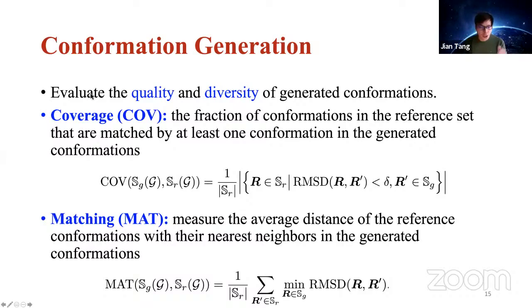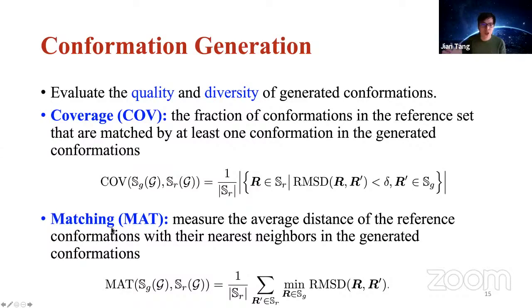For each conformation in the reference set, we compare it with the nearest conformation in the generated set. If the distance is less than a threshold, we consider this conformation already identified by the current samples. This is coverage. Another one is called matching.